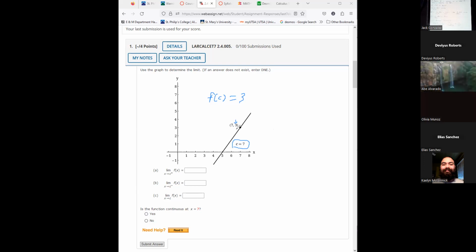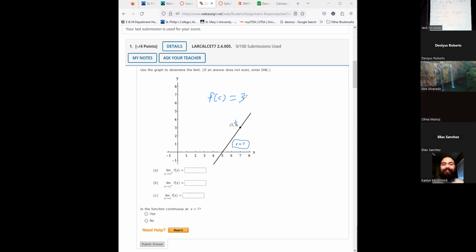Okay, F of C is 3. I got it now. F of 0 would be 5, right? I'm sorry, F of 5 would be 0. I think I said that backwards. Anyway, so the functional value is equal to the limit, right?